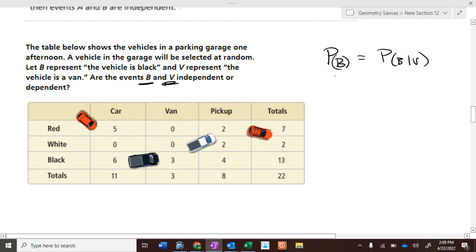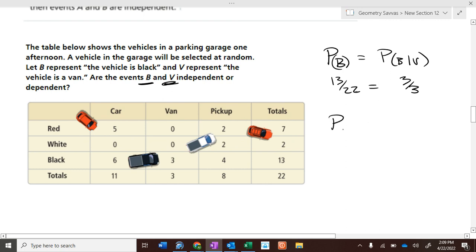What's the probability of having a black vehicle? 13 out of 22. What's the probability that, given it's a van, it'll be black? 3 out of 3, which is 100%. Are those equal? No. Okay.